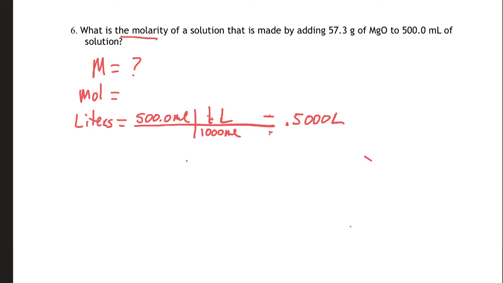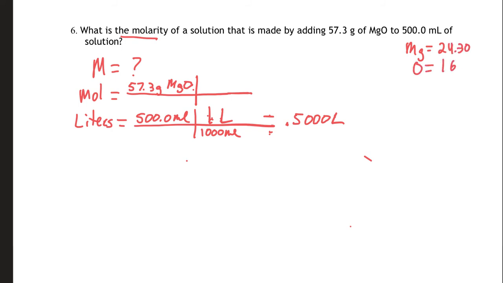Now, I don't have moles yet, so I've got to do some more converting. I have 57.3 grams of MgO. I need to convert that to moles. So if I have grams on the top, I need grams on the bottom. MgO, let's see, we've got magnesium, which equals 24.30, and I've only got one of those.